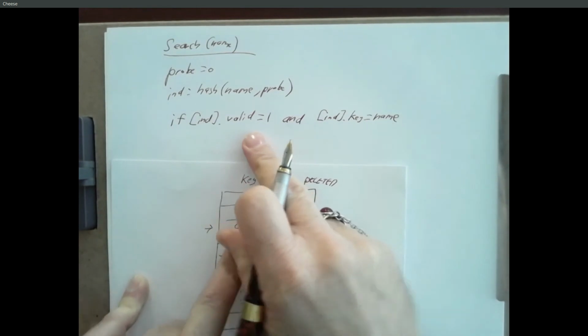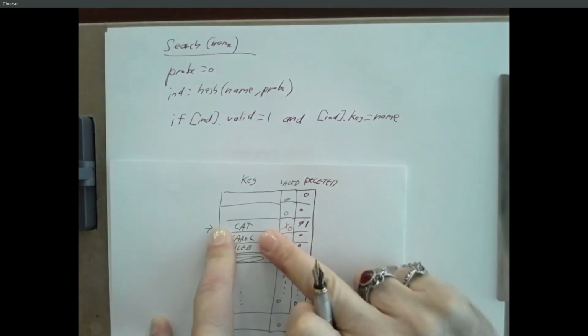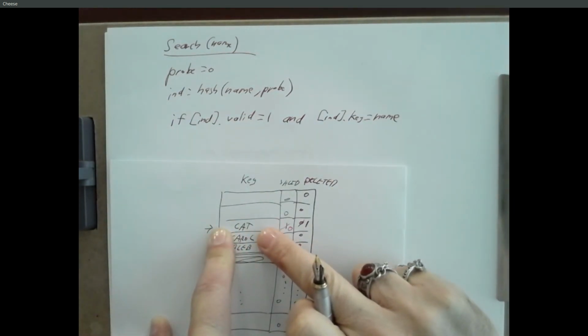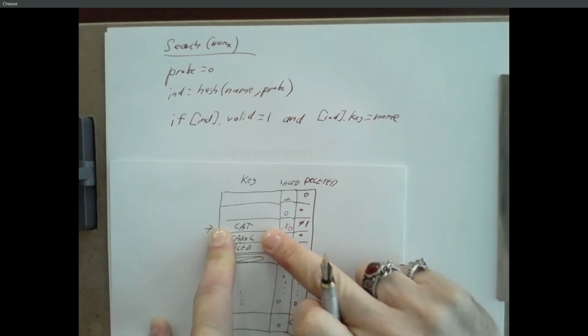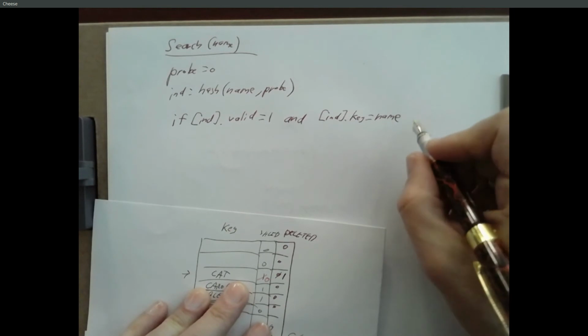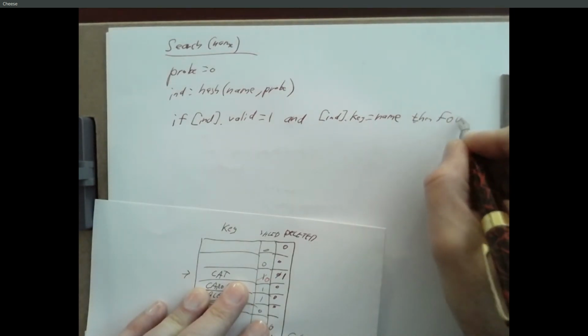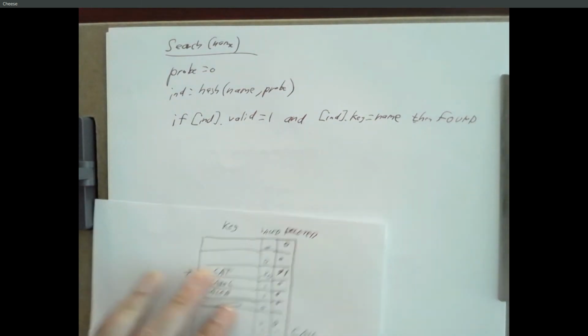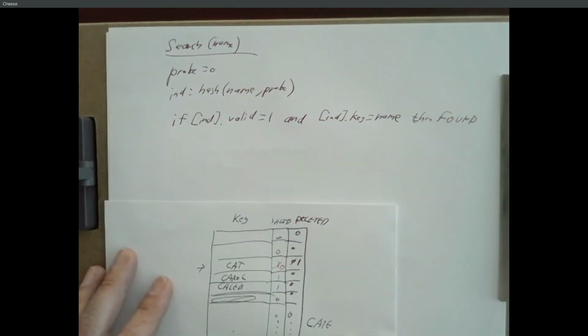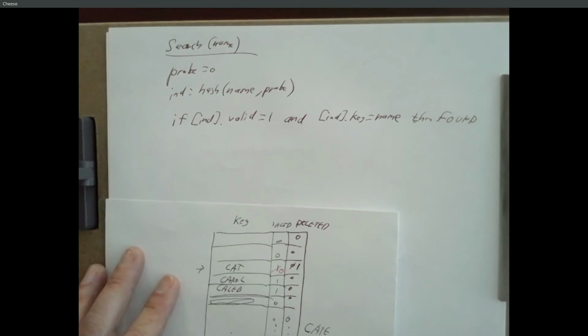So if the valid flag is set and the key field is actually equal to the name we're searching for, we're done. We found the name. So we can say, yep, they're found in the table. And we can just return.